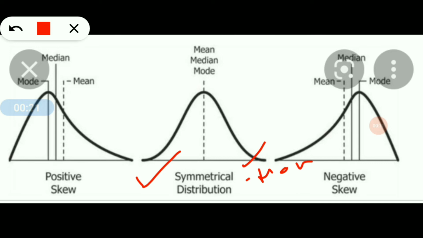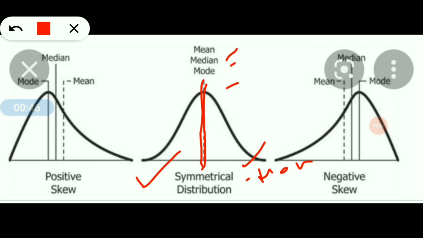It is said to be symmetrical when the distribution on either side of the mean is a mirror image of the other. That means the value of mean is equal to the value of median is equal to the value of mode, and all coincide at the same point, which is shown in the second picture. I think this is clear.